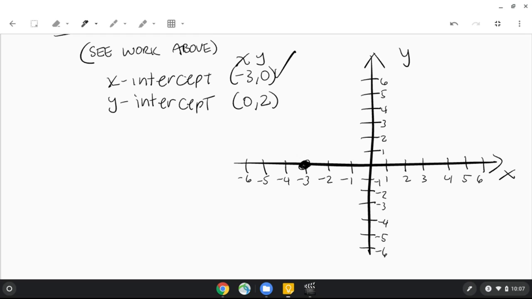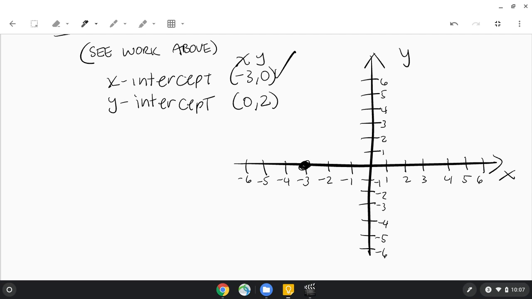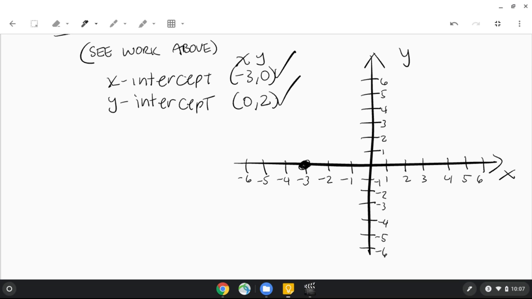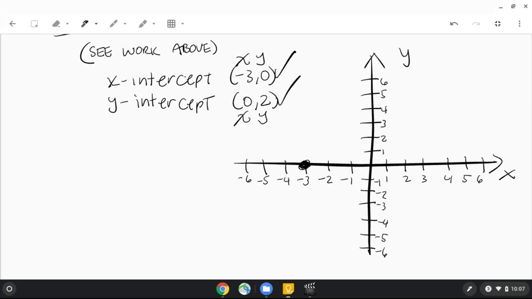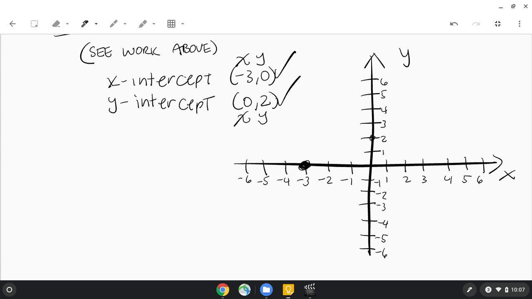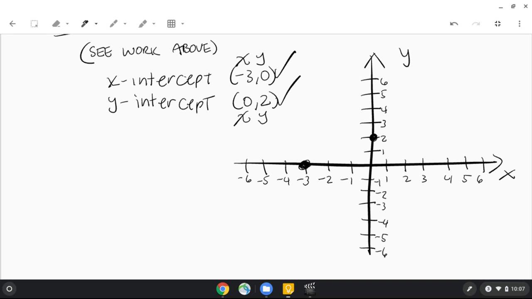That's the point -3, 0. Now let me go ahead and graph this point 0, 2. Again, that first number 0 is the x, and that second number 2 is the y value. So I'm going to go 0 on the x, 2 on the y. That would place me right here.